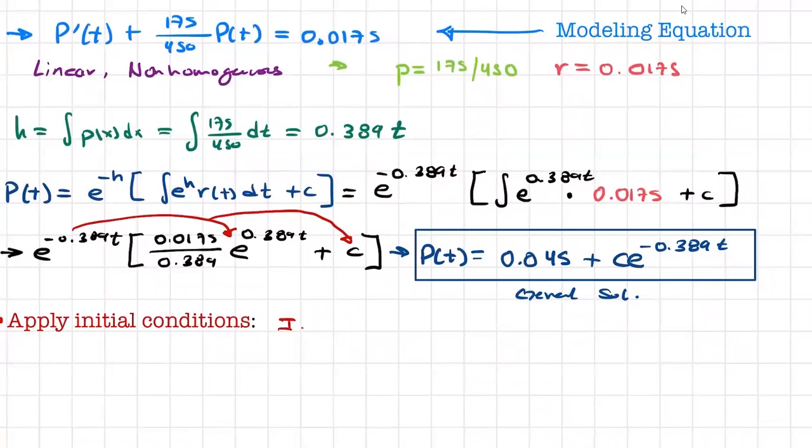The initial conditions tell us that the volume at the beginning was 0.04% of volume.